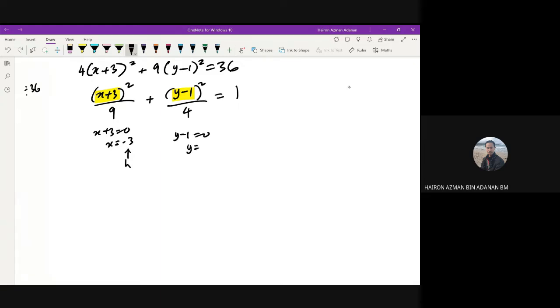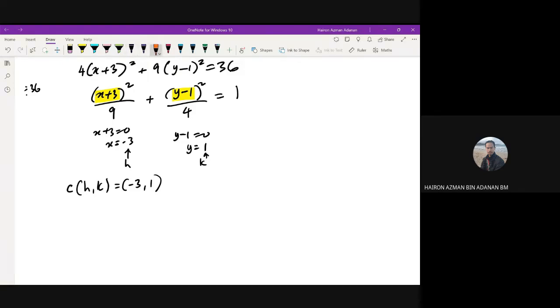Okay, so you get y equal to 1. This one is the value of k. So your center (h, k) is negative 3, 1. Settle for center (h, k). Now look at the values under x and y. Which one is bigger, A or B?